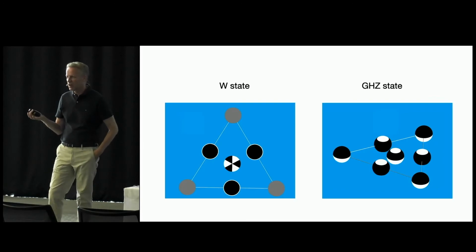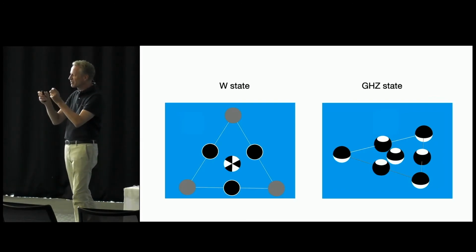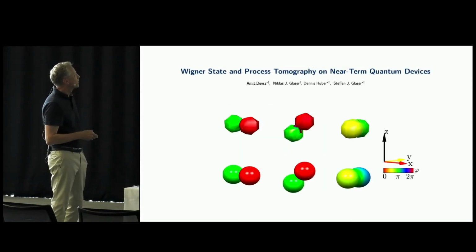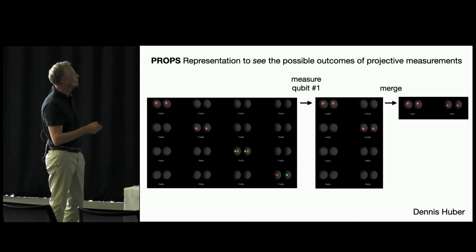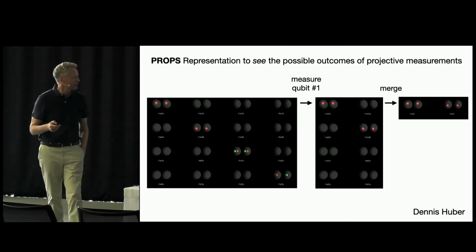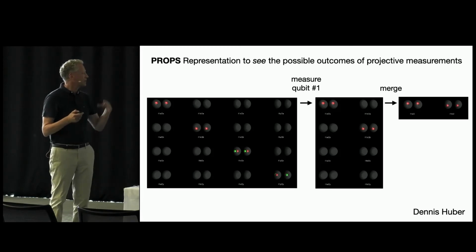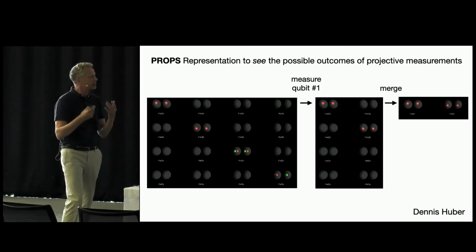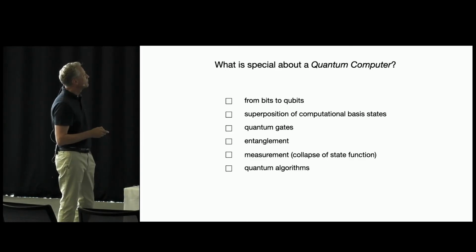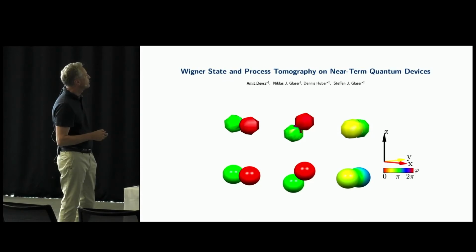A drawback could be that it's difficult to draw these things, but we can also draw pictograms. Here's a different way to represent these things, also the props representation, which has been developed by Dennis Huber, and with this we were able to predict the outcome of measurements by looking at the state before the measurement. Basically we looked at all these different parts.